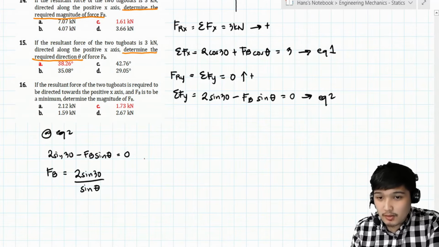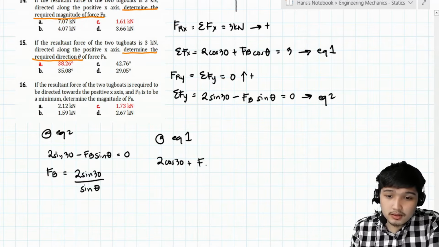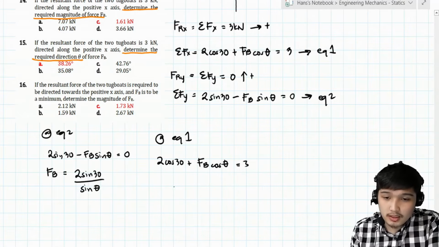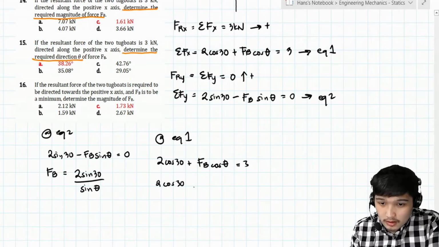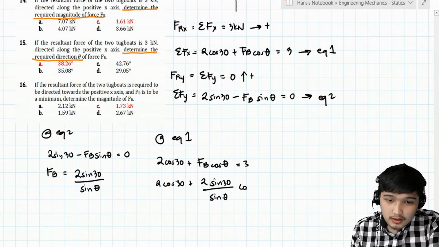And then, substitute natin yung FB na yan sa equation 1. So, at equation 1, so that is 2 cosine of 30 plus FB cosine of theta equals 3. So, palit natin yung FB niyan. So, ilan yan? Magiging plus 2 sine of 30 over sine of theta times cosine of theta equals 3.